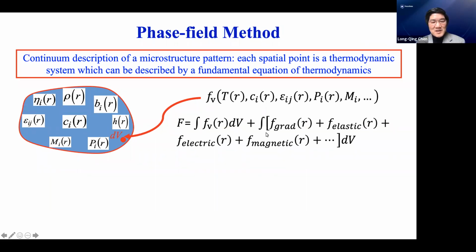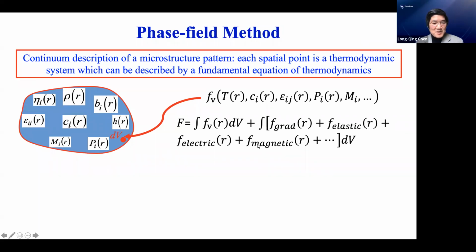Let's say if you have different regions with different compositions, you have interfaces. So you have changes in those fields, whether they are composition or strain or polarization. These big changes represent interfaces. So we also have interfacial energy contributions.